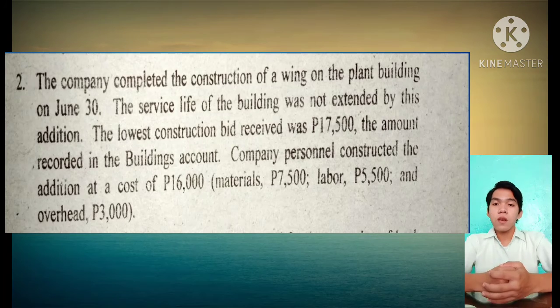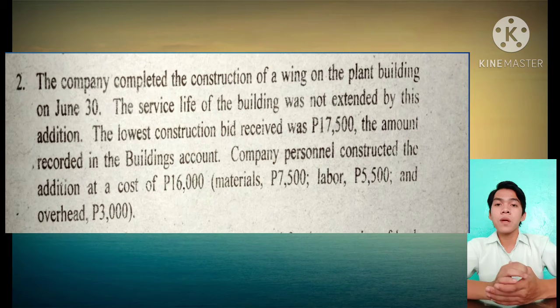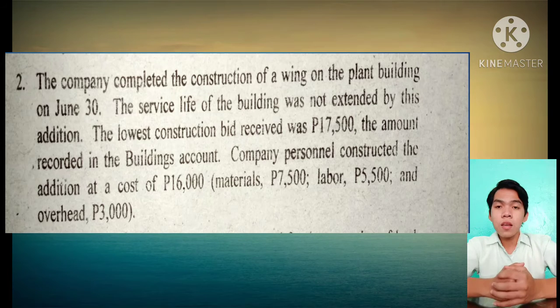Second information: the company completed the construction of a wing on the plant building on June 30, but the service life of the building was not extended by this addition. The lowest construction bid was 17,500 and was recorded in the building's account, and the company personnel constructed the addition at a cost of 16,000, namely materials 7,500, labor 5,500, and overhead cost 3,000.